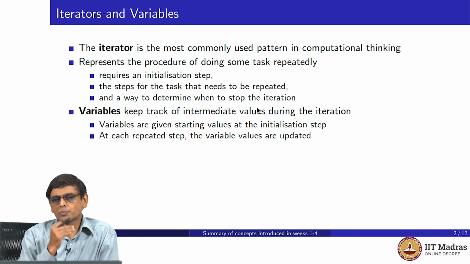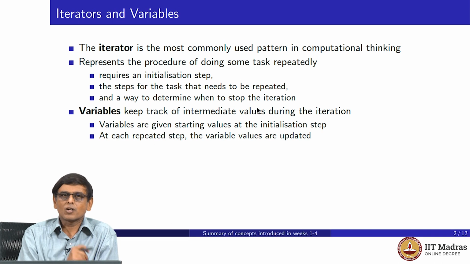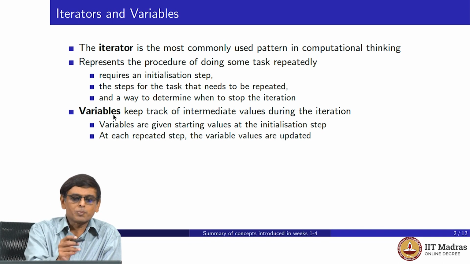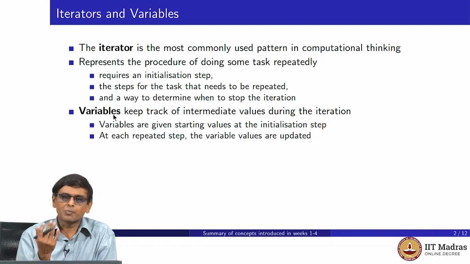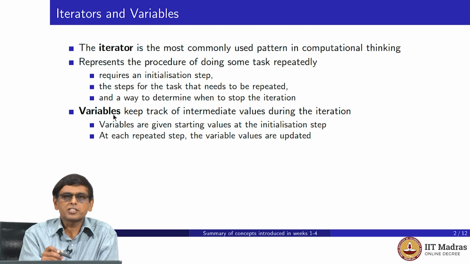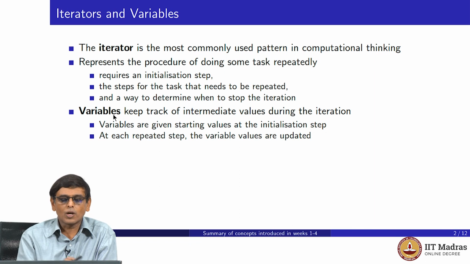One of the things that we need to do while iterating is to keep track of intermediate values. We did that by using this concept called variables, right. Variables are things whose values change during the steps, whereas constants, like the fields of the data elements that we had, do not change; the variable values keep changing as we do the steps. So, at each stage in each iteration step, we examine the elements that are there, and then use the values of the elements to update the variable values.